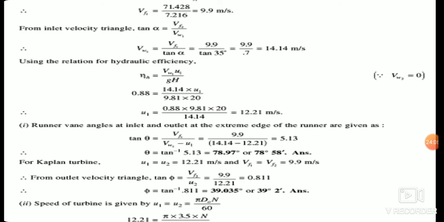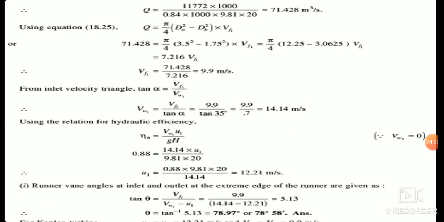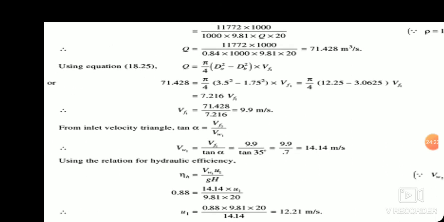Then we have to use the trigonometric relation from the inlet triangle, which I have already shown. Tan alpha is equal to Vf1 divided by Vw1, and therefore Vw1 we have to calculate.